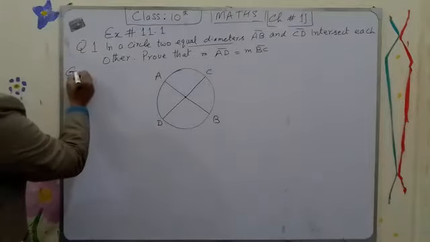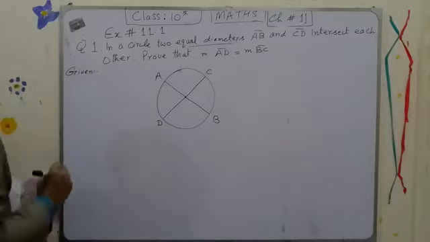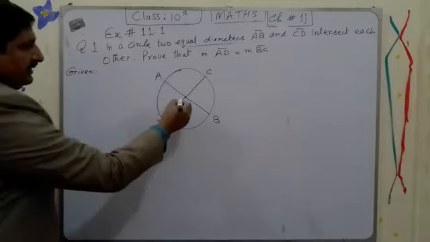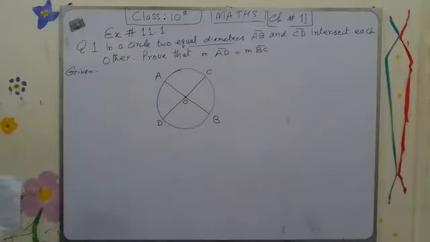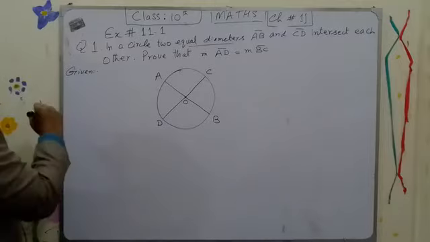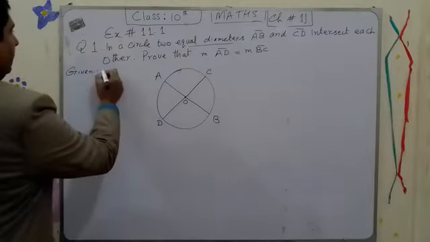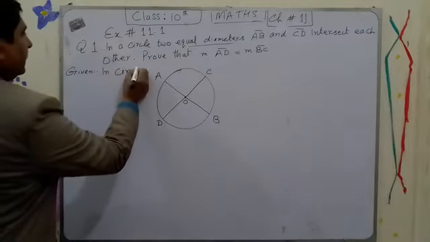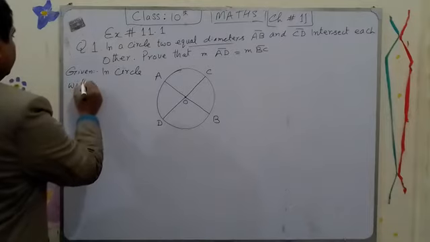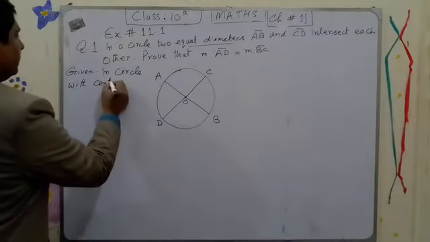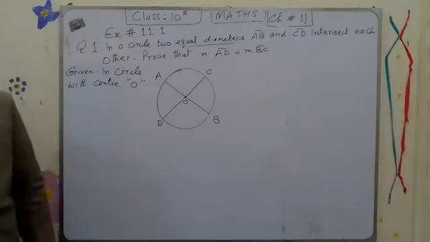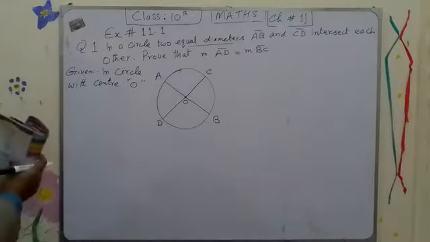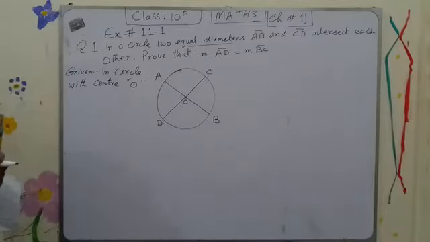So I have to write the given. In a circle with center O, two chords AB and CD intersect each other, right?